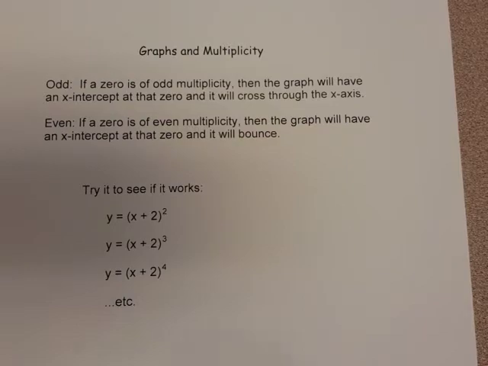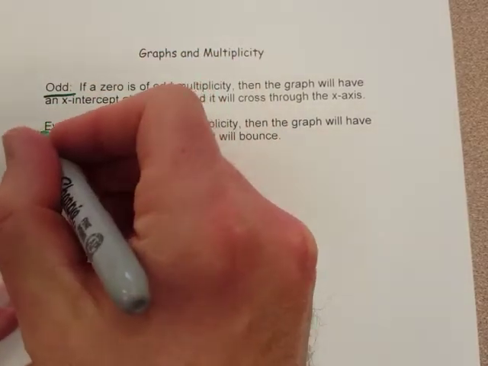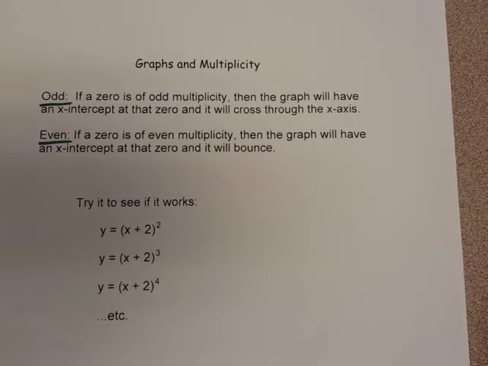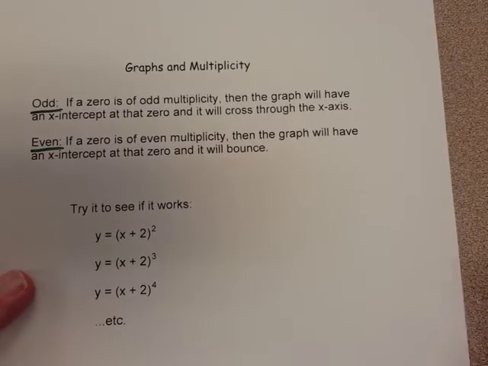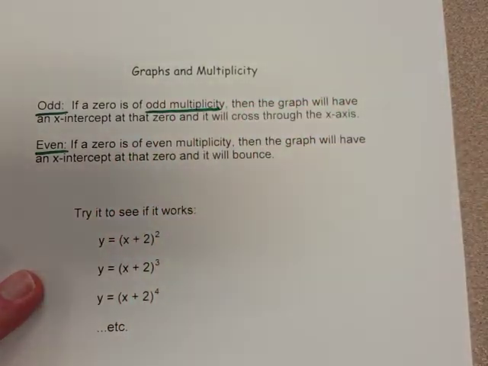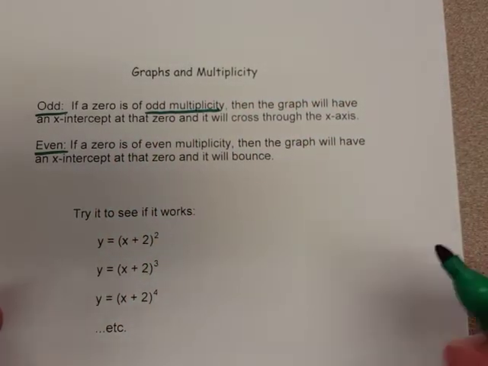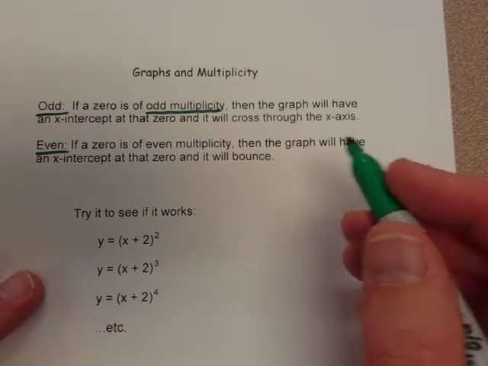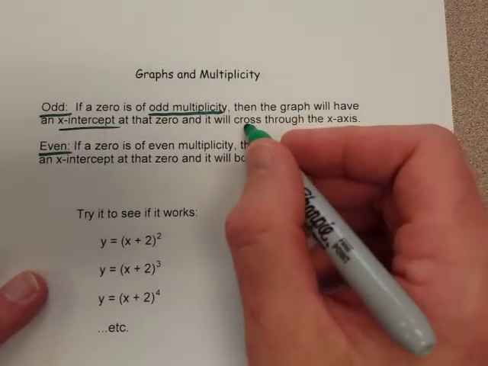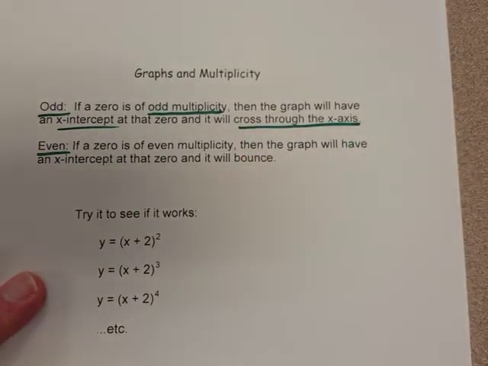So we have odd multiplicity and even multiplicity as the two different possibilities, because they're all going to be whole numbers. So we're saying that if a zero is an odd multiplicity, then at that particular zero on the graph, at the x-intercept, it will cross the x-axis.